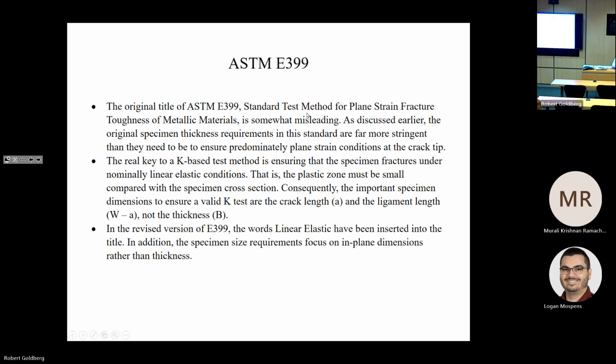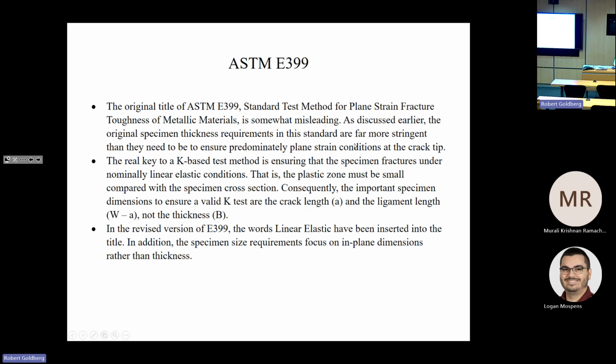So we just talked about the original title, standard test method for plane strain fracture toughness of metallic materials, is somewhat misleading. As we just talked about, the original specimen thickness requirements are a lot more stringent than they need to be to ensure predominantly plane strain conditions at the crack tip.